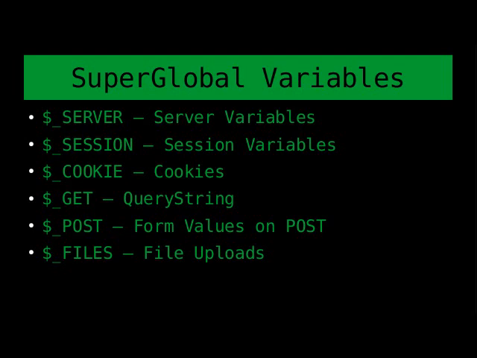That can be done by calling the function header. When you call header, you cannot have called any other output first. You need to make sure you call it before you call anything else that comes out, just like you would call session_start before you try to access any of the session variables.